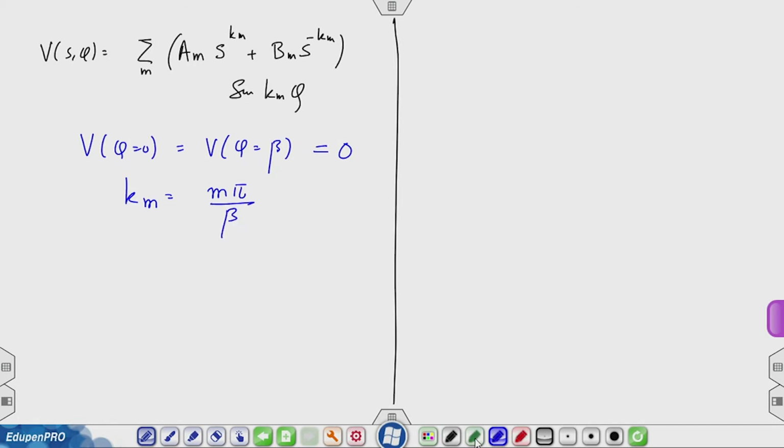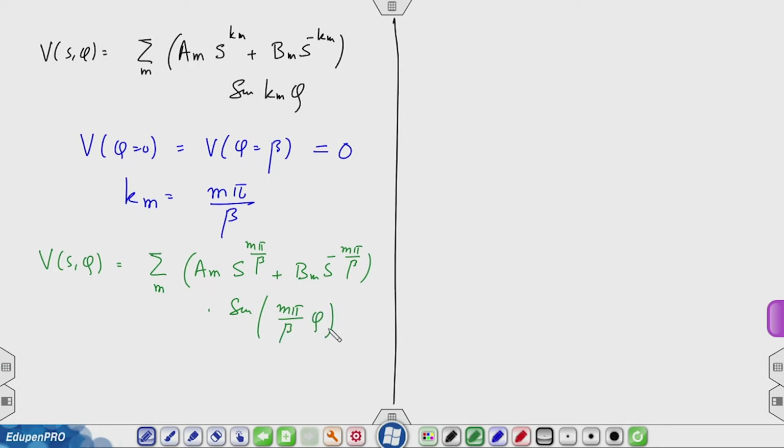And therefore, I can write the solution V s phi as equal to summation m a m s raised to m pi over beta plus b m s raised to minus m pi over beta times sine of m pi over beta phi.